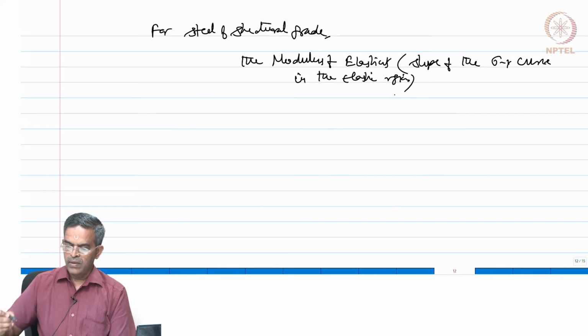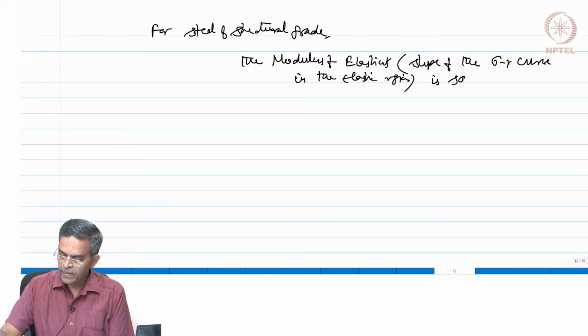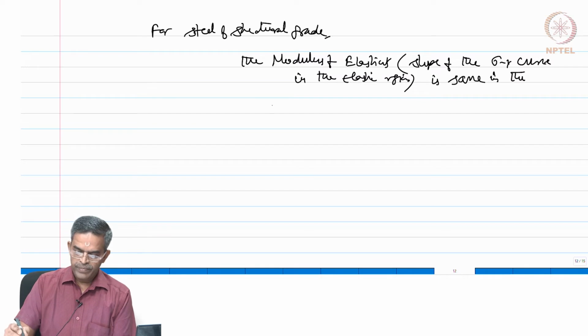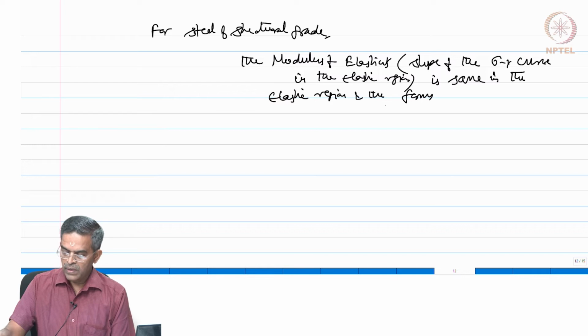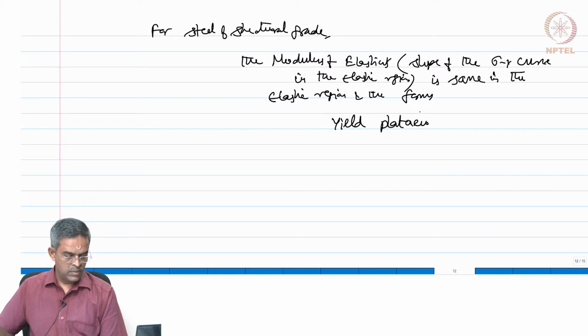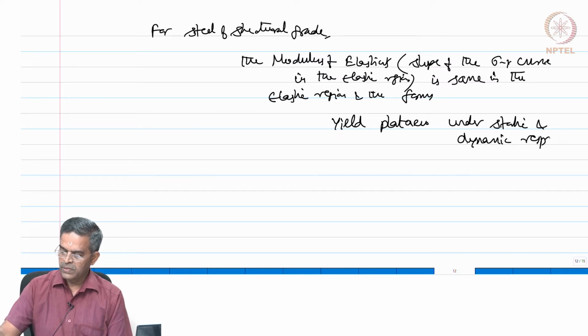Okay. So, the modulus of elasticity is same in the elastic region and forms a yield plateau for or under static and dynamic response.